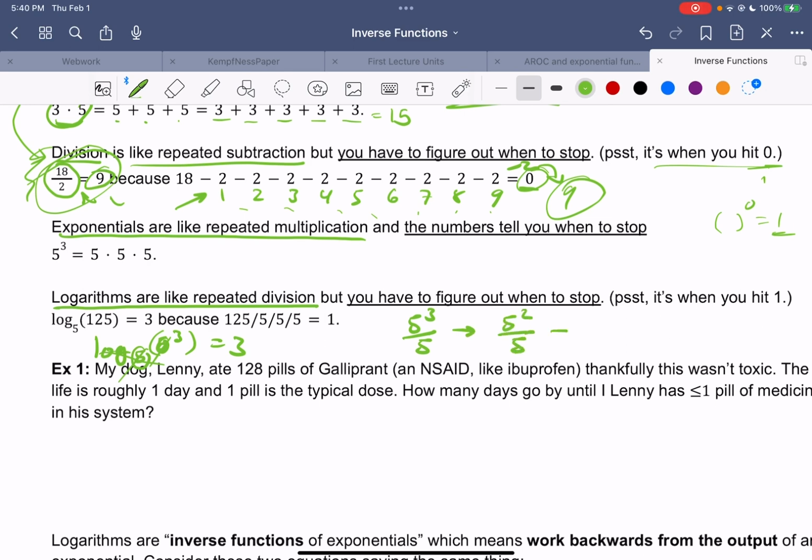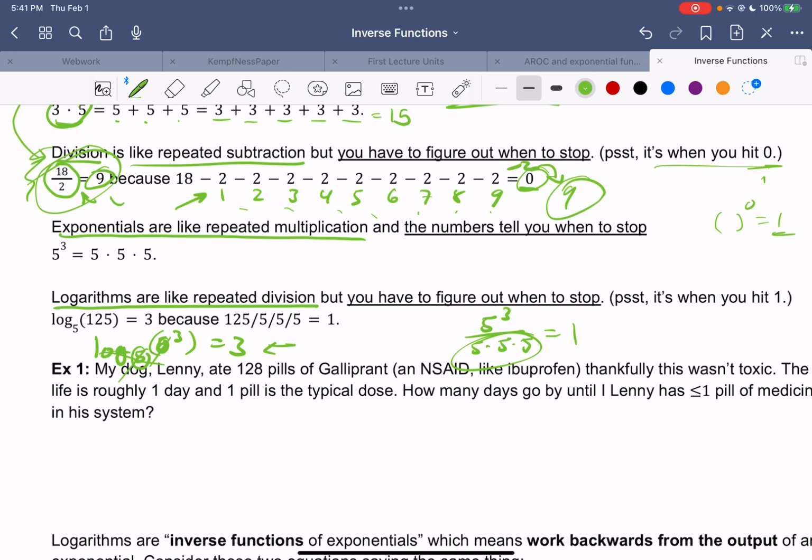If I divide that by 5, I just get 5. If I divide that by 5, I get 1, and this is when I stop. So how many times did I divide by 5? 3 times. It was this power. It was staring us in the face, right? The moment I wrote 5 cubed, I could have divided by 5, and I would get 1. I would do it 3 times, right? So that's an example of these being inverses.